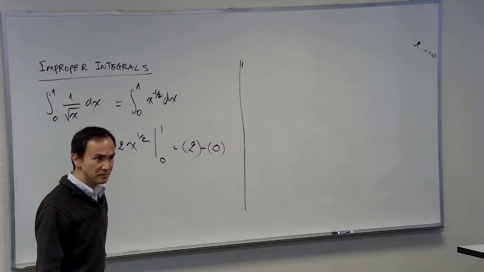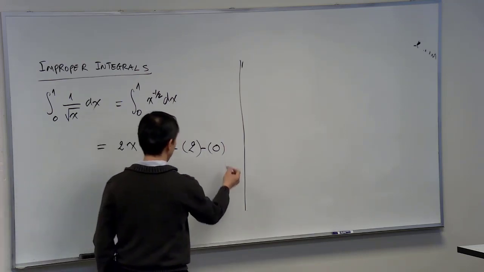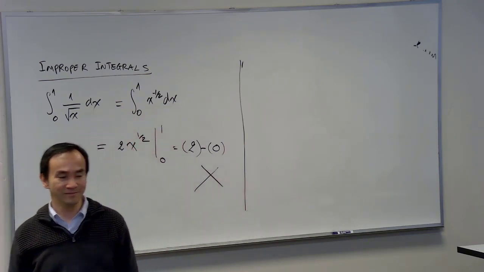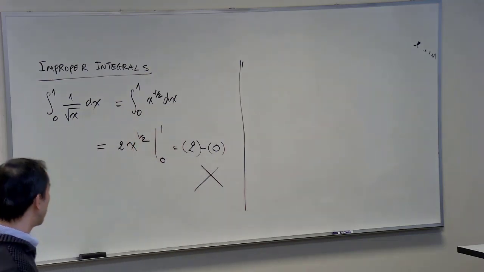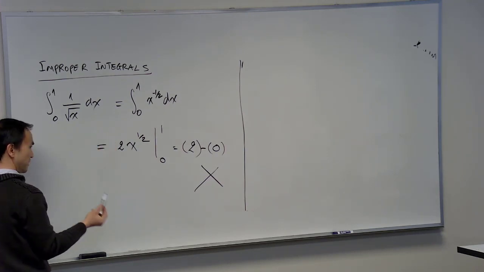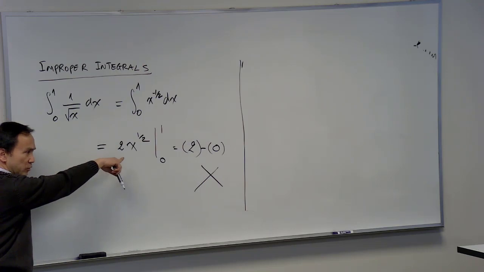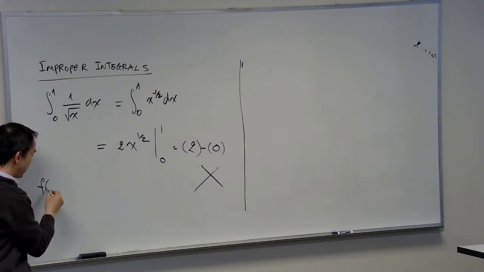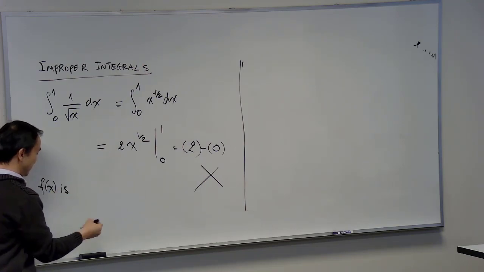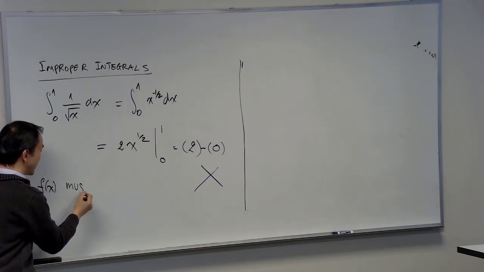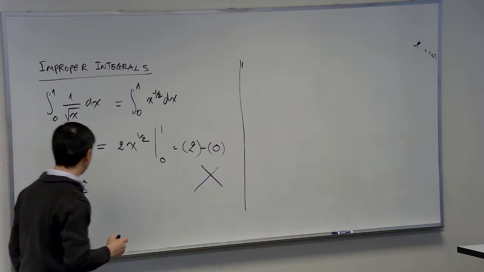Now let me tell you that this answer is way off. That's incorrect. You guys see why? Now remember the major requirements about those integrals. Before we can even use the fundamental theorem of calculus, the function must be continuous in the interval from 0 to 1. When we get into improper integrals, we have to dive further into the fundamental theorem of calculus a little more.